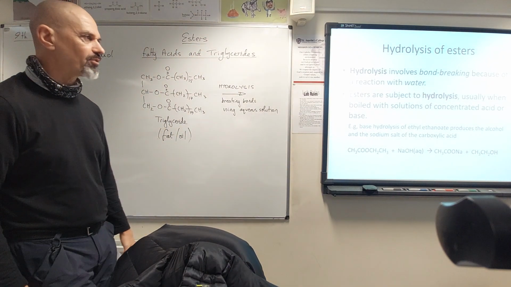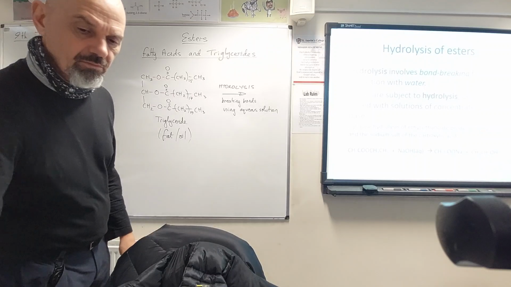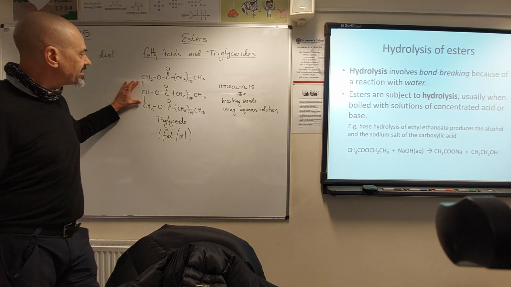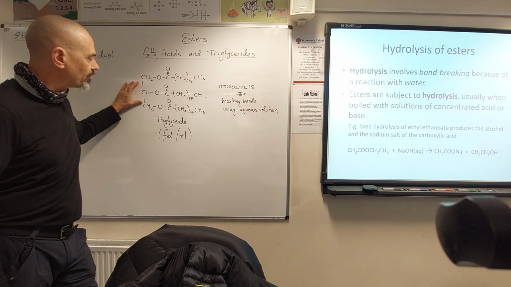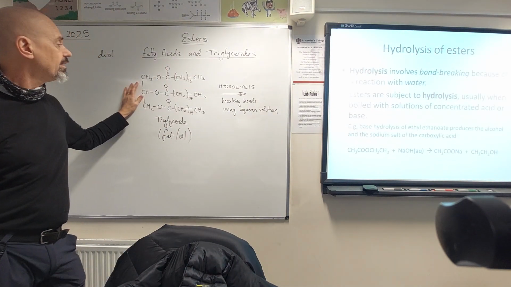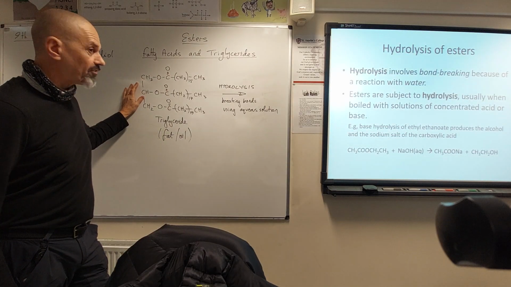Usually works best rather than concentrated acid. So I could boil this up with my concentrated alkali for several hours. It's a slow process, and it would break it down into the original fats and glycerol.